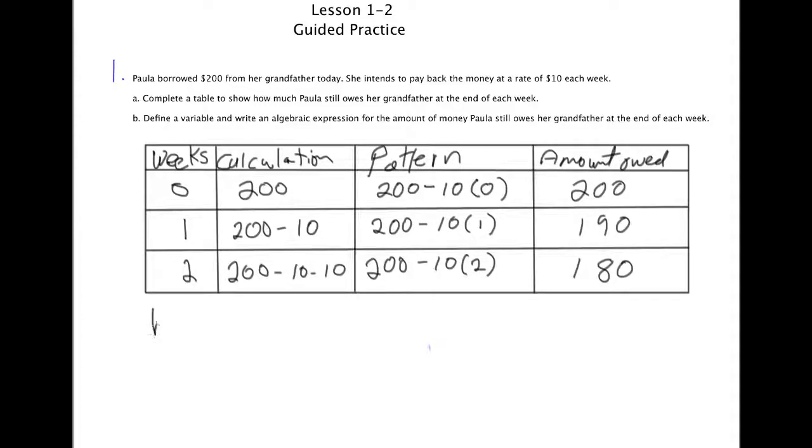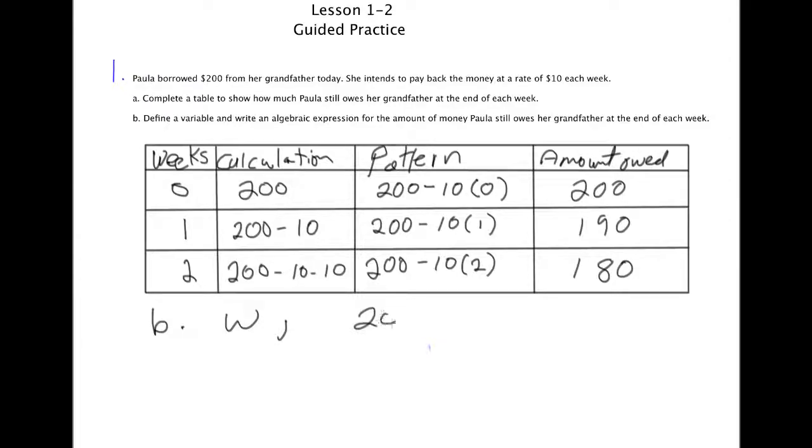So here let's look at part B, and we want to define a variable. It looks like it's this weeks category that's varying, so we'll make W the variable to represent the number of weeks. And we can then look at this as saying, well, what's owed?